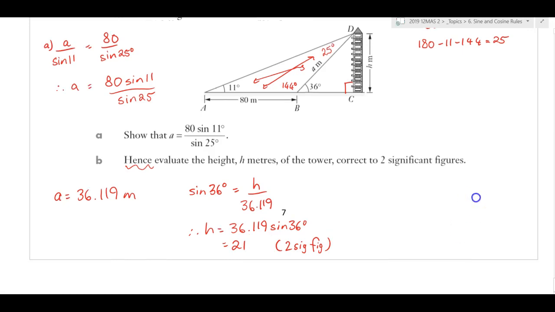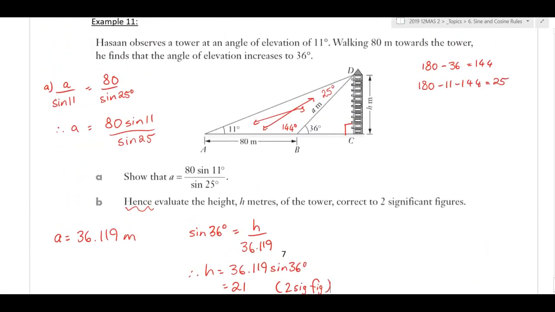There are a few variations on these, and they get a little bit interesting at times. But remember the tools that you've got: your right angle trigonometry, even sometimes Pythagoras for right angle triangles, two sides two angles sine rule, three sides one angle cosine rule, and SOHCAHTOA.